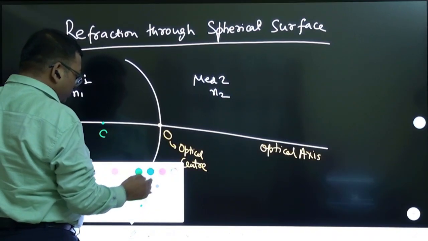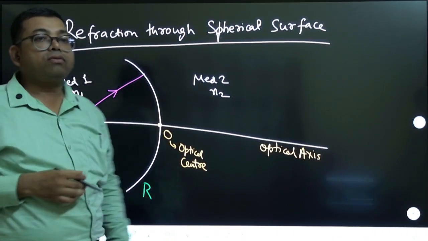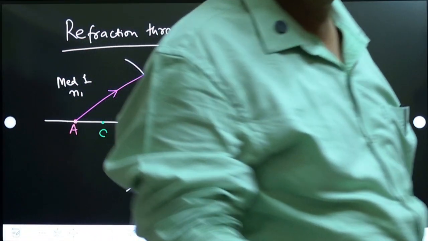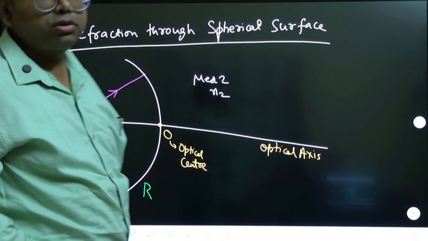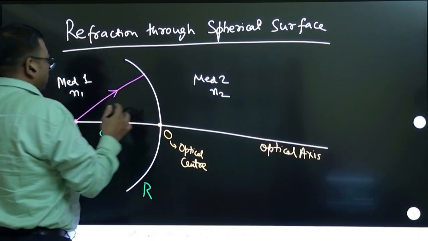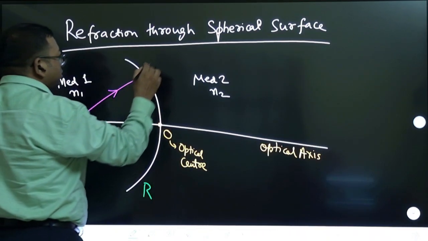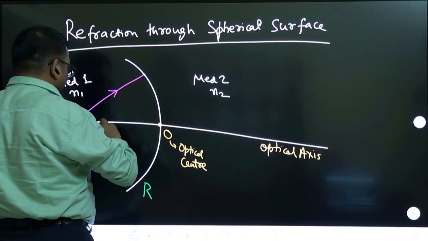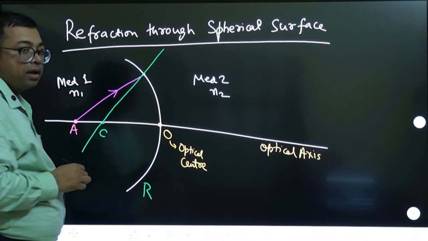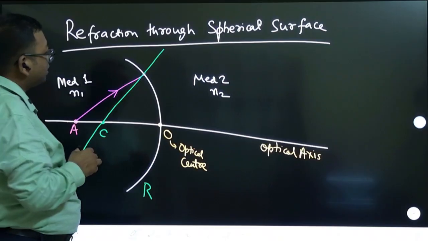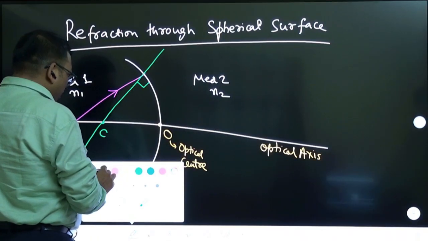Now I am going to consider some rays. Let us take a ray here. This is the incident ray of light, and then we will see what happens to the refracted ray. The ray of light is going from the first medium to the other medium, and this is the normal here. Any line from the center hitting the surface is a normal. This is the angle of incidence.